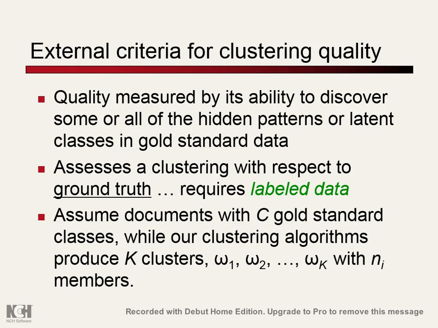Okay, so to assess the quality measure of a clustering problem, to find out whether it is good or not, we usually use the ground truth. In our training, we don't use the ground truth for clustering because it's unsupervised learning, right?